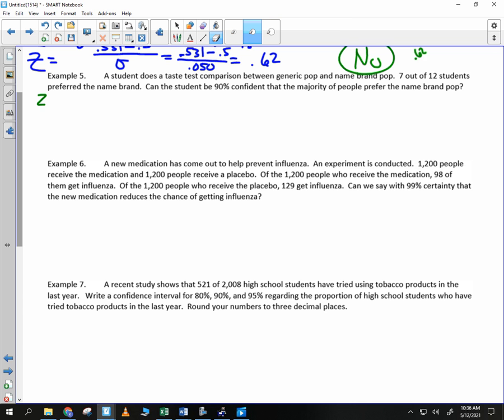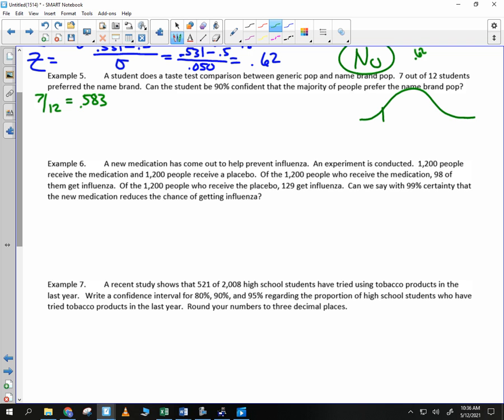So first of all, let's figure out this 7 out of 12. What percent is that? Somebody give me a percent for 7 out of 12. 58.3, very good. So I got 0.583. How confident do we want to be? 90%. This kind of makes a chart just like we had last time, doesn't it?